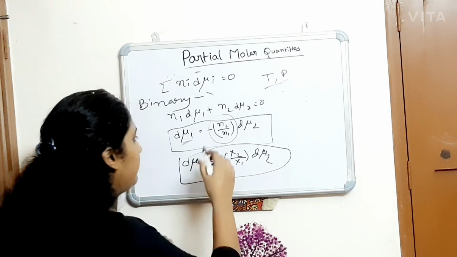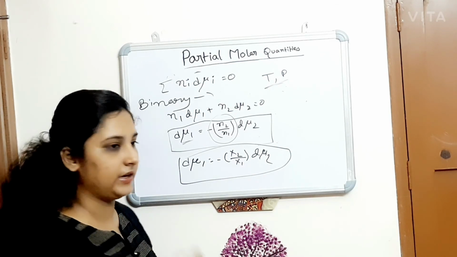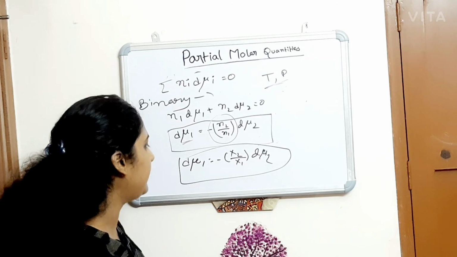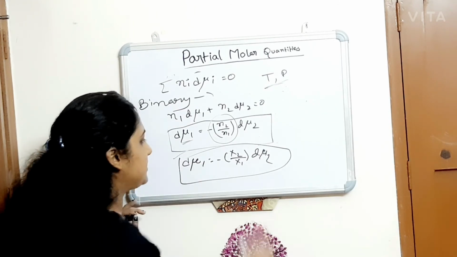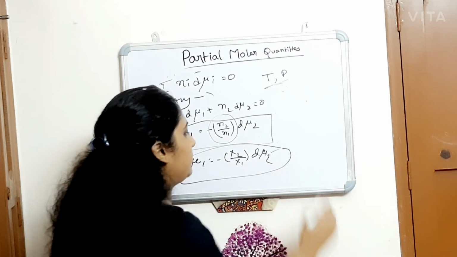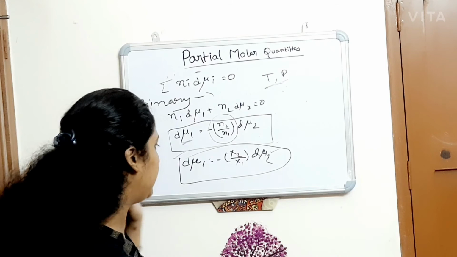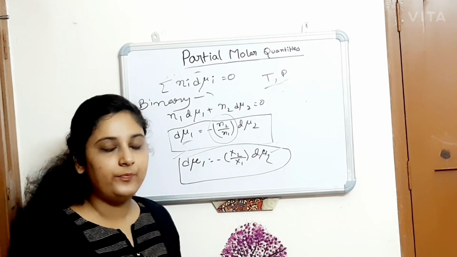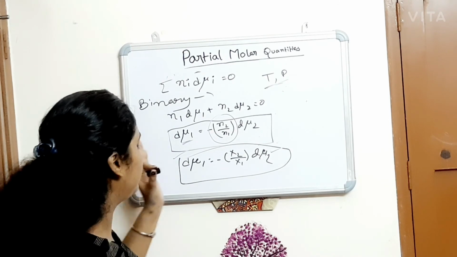That means by changing the mole fraction of the binary mixture, if the chemical potential of component 1 increases, then the chemical potential of component 2 decreases. This is a very good conclusion that you can draw from the Gibbs-Duhem equation.